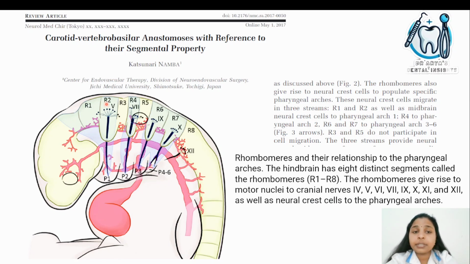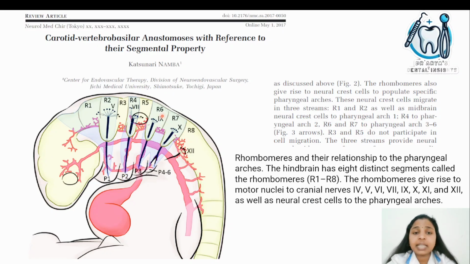Which are these rhombomeres? Rhombomere R1, R2, R3, R4, R5, R6, R7 and R8. So there are 8 rhombomeres. And this R1 and R2 form the pharyngeal arch number 1. Then R4 gives rise to pharyngeal arch number 2.